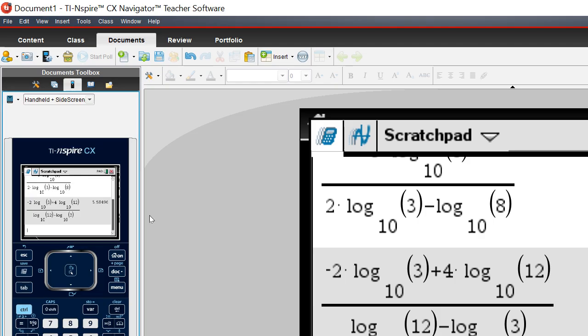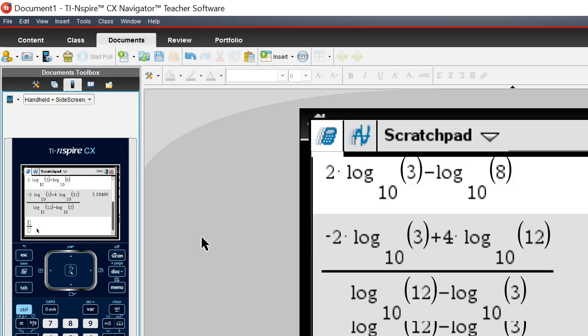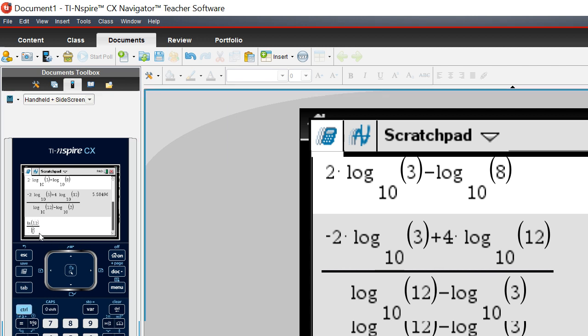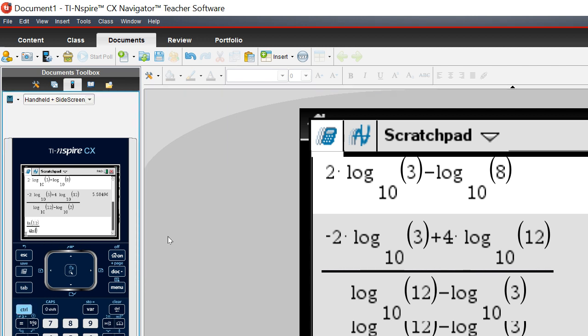Okay, more typing. So for natural log, you'll do control e to the x, or on the 83 or 84, it'll be second e to the x. Just the ln and log button.